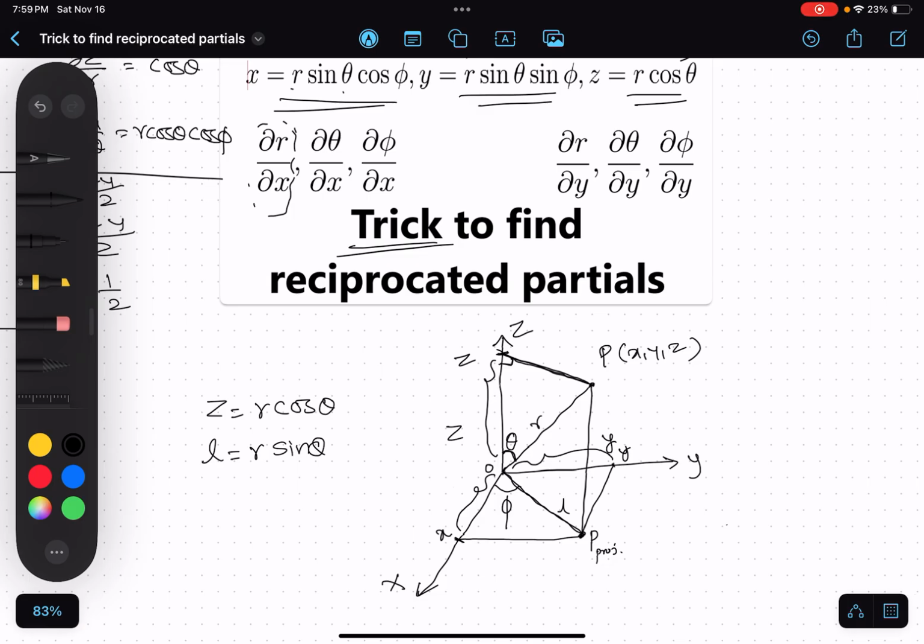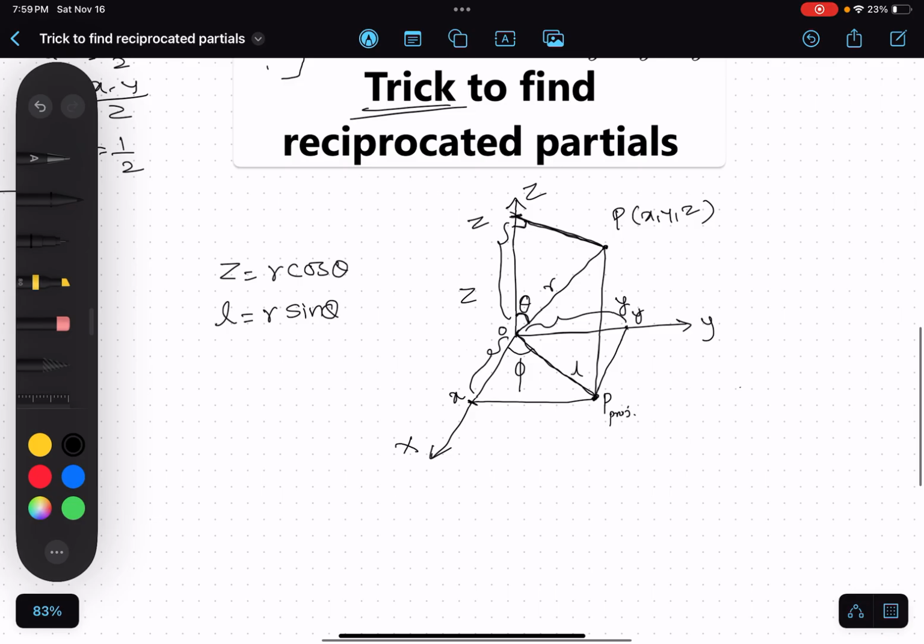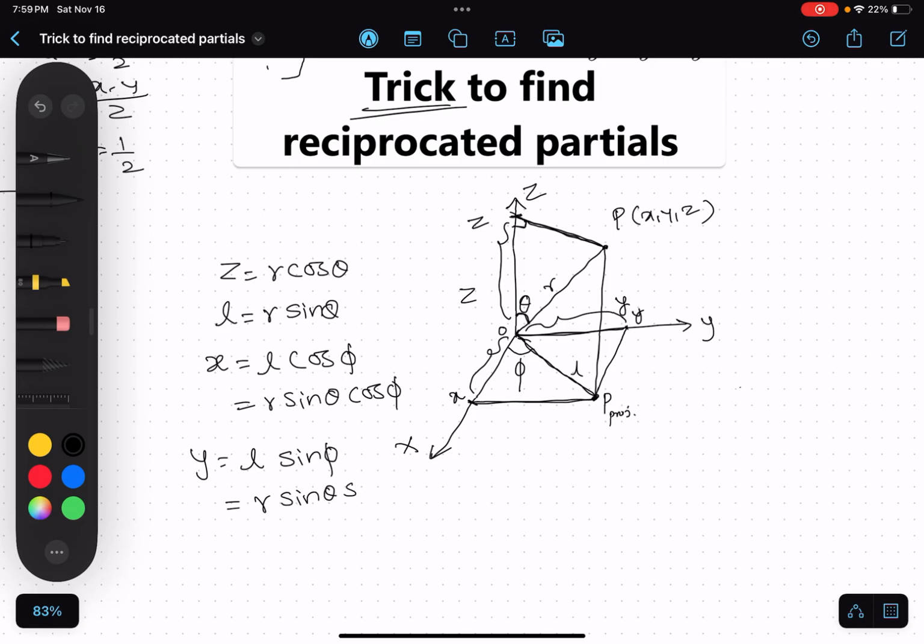Now if you want to find x, we know that x is just L cos phi, but again L is r sine theta, so this is r sine theta cos phi. Similarly y is just L sine phi, right, because y is just this length, and this length from the triangle is sine phi. So again L is r sine theta, so this is r sine theta sine phi.